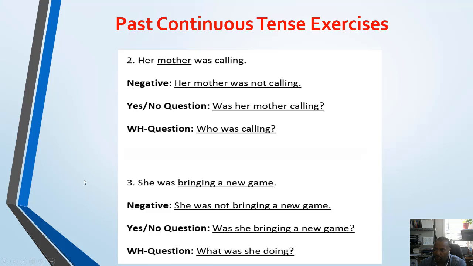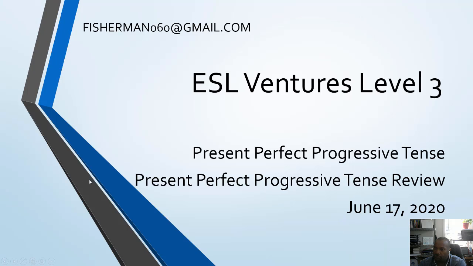Alright, so let's move on. Now we're going to look at the present perfect progressive tense. Alright, we saved the hard one for last. I think it's hard because there's a lot to say. Present perfect progressive tense.